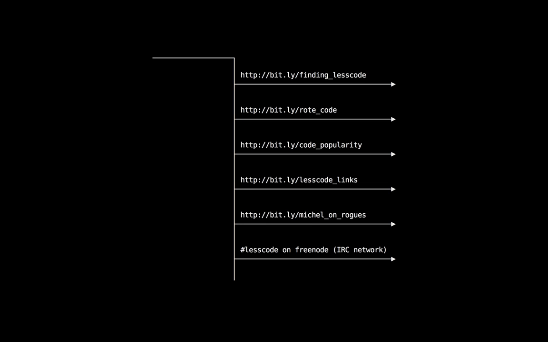So the lesscode movement is, in my opinion, about what we can do with significantly less code, what we can accomplish using the minimal amount of code aimed at a task. And we're often talking about libraries here that are 50 lines of code, some more, some less, but what are the smallest units of usable material in the source code world, which I think is an interesting thing to consider.